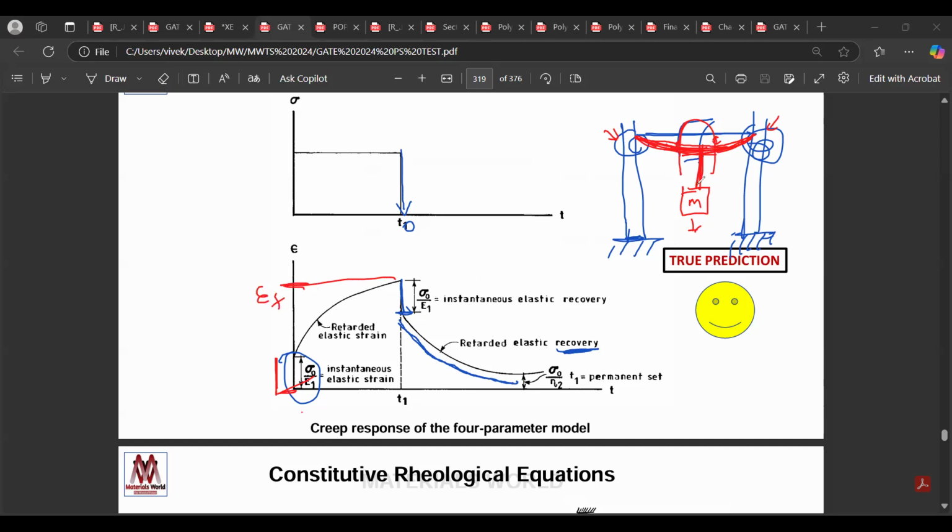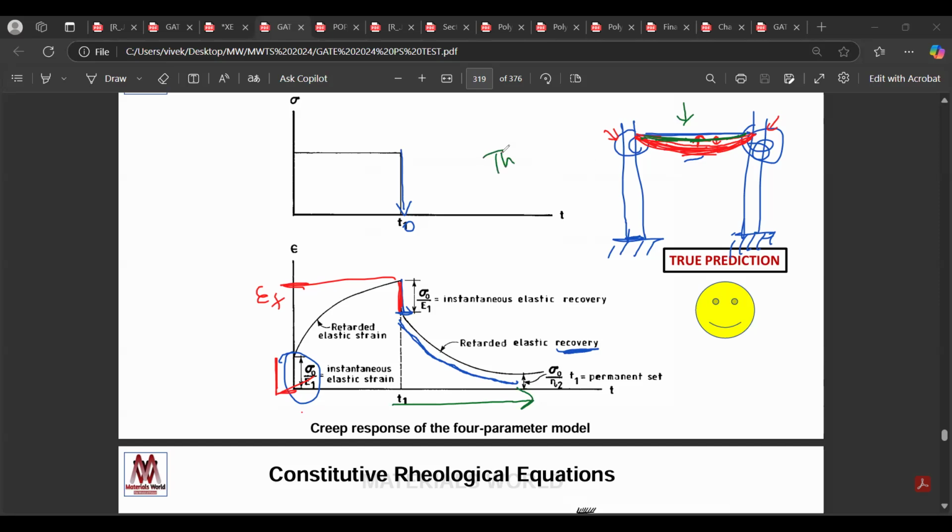Now if you remove this cloth, of course it will try to bounce back to its original form. So whatever instantaneous strain you developed will recover, so this rope will become slightly tighter, meaning it will go up. Why? Because that strain is recovered. After that, it will have a permanent strain that it has developed. If you leave it for some time, it will of course recover.